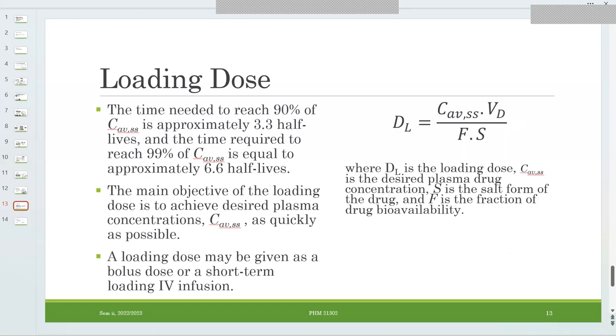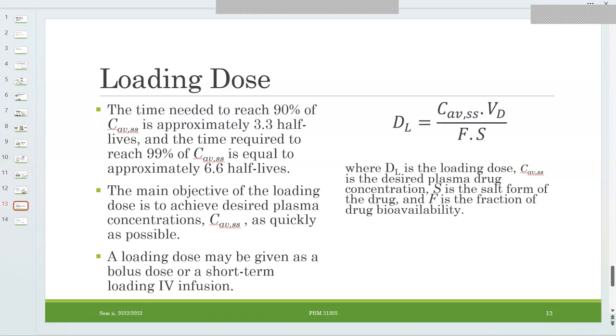Okay. Now we need to calculate a loading dose that will achieve a higher concentration. Loading dose is the one that will immediately achieve the target average concentration.